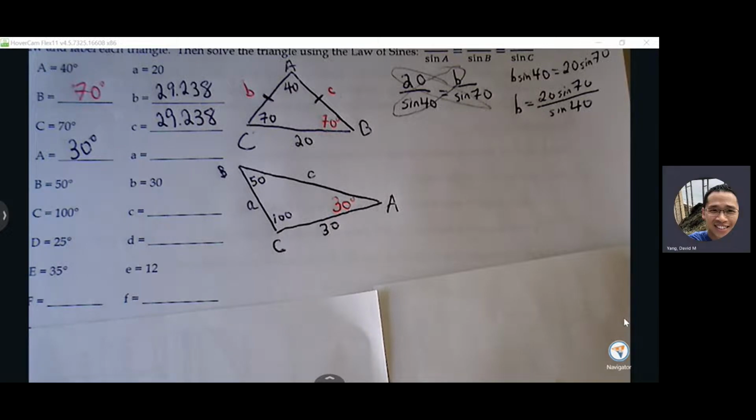After about 10, 15 minutes, once we're good with 1 through 5, we'll tackle some more problems.